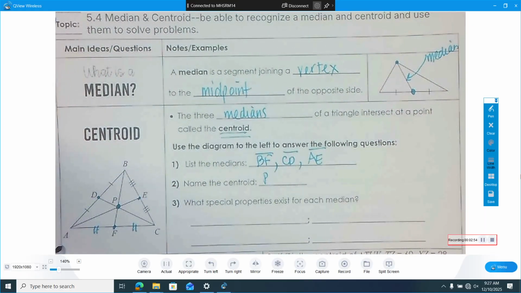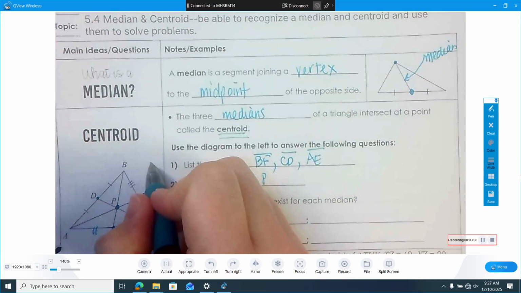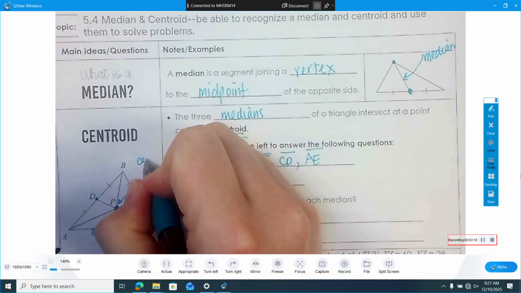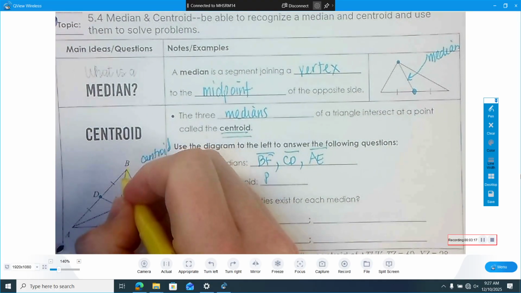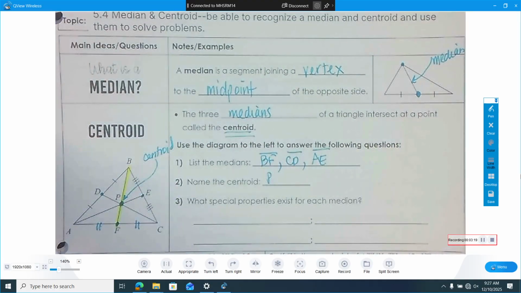Now, there are some very special properties here with a centroid and that median, okay? It turns out in a very fancy way, this centroid, right there, splits the median, which is the line going from the vertex to the midpoint. It splits that in a very fun way. It's a very nice thing.